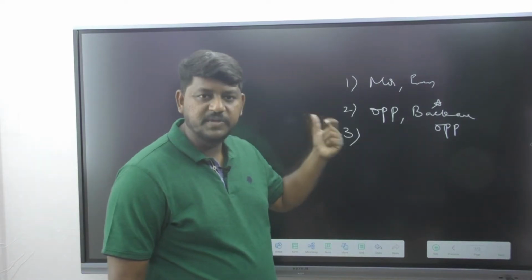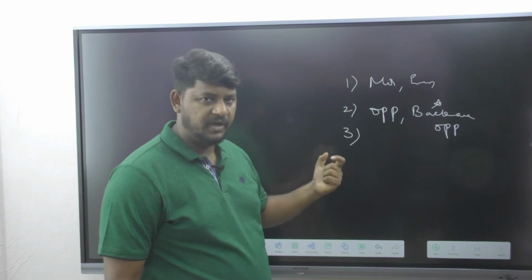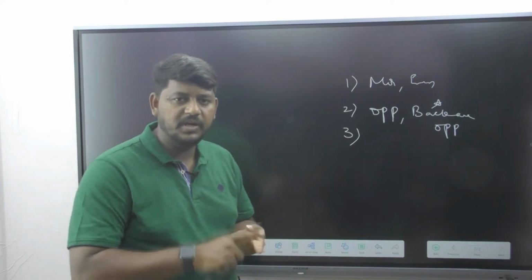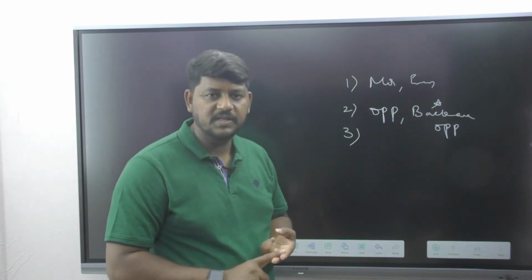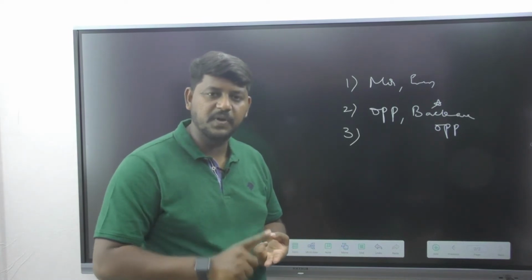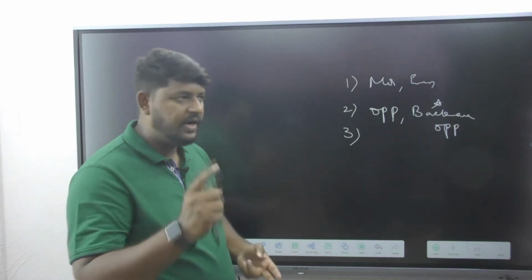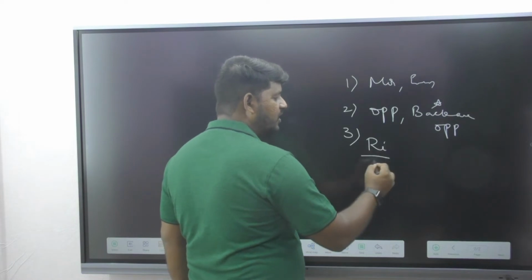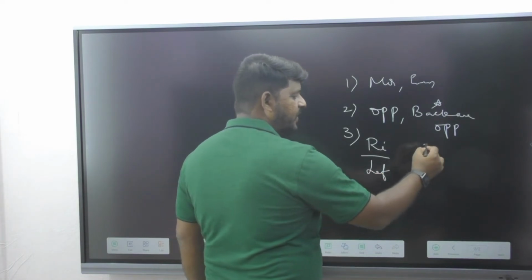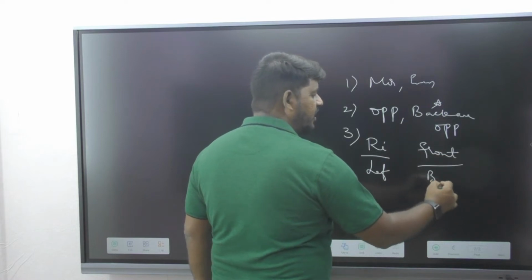So you need to observe in your question, these are the keywords you are supposed to observe in the question: whether your examiner is talking about the morning or evening, whether these people are looking towards each other, or their backs are looking towards each other. And the third important point, whether shadows are going to fall onto the left side or right side, or the shadows are going to fall on the front side or back side.